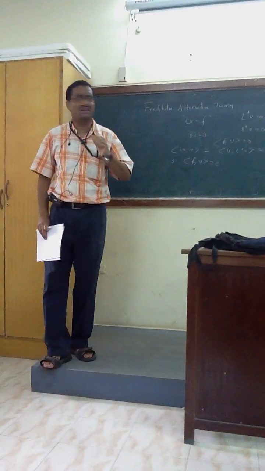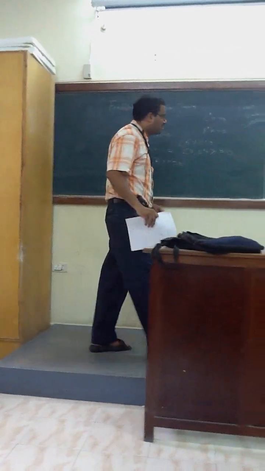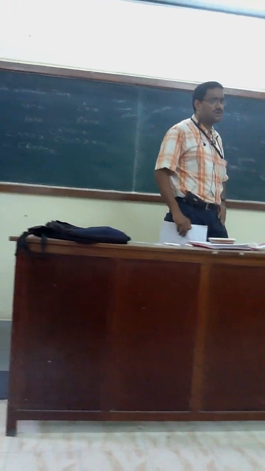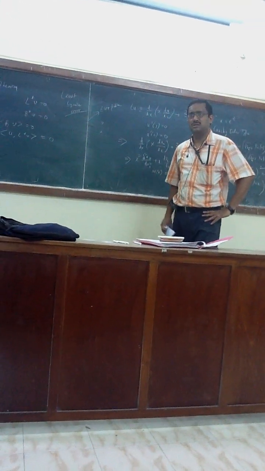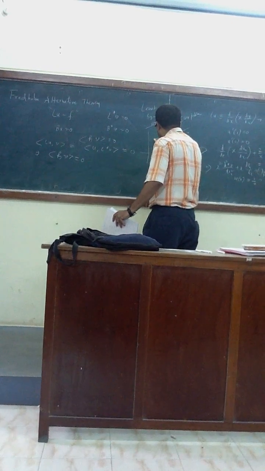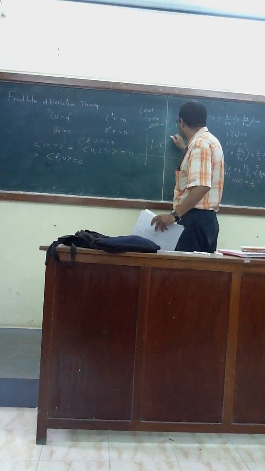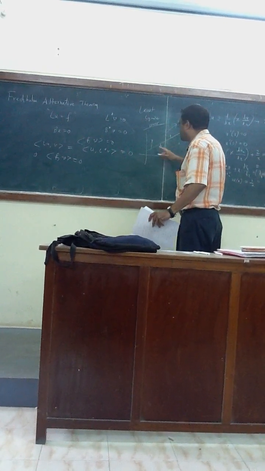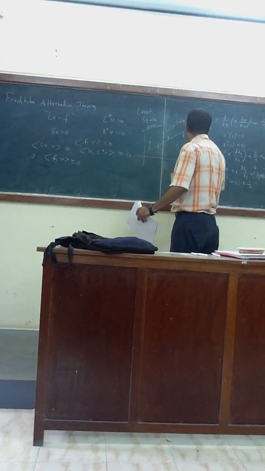I think you know it from school level, least square approximation. This is your data. The curve is going. This error is negative, this error is positive. Sum of the squares of errors, how to write?